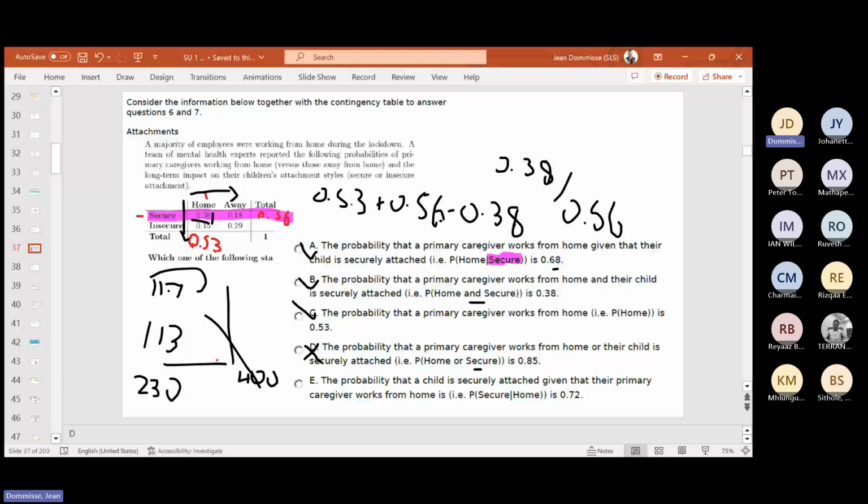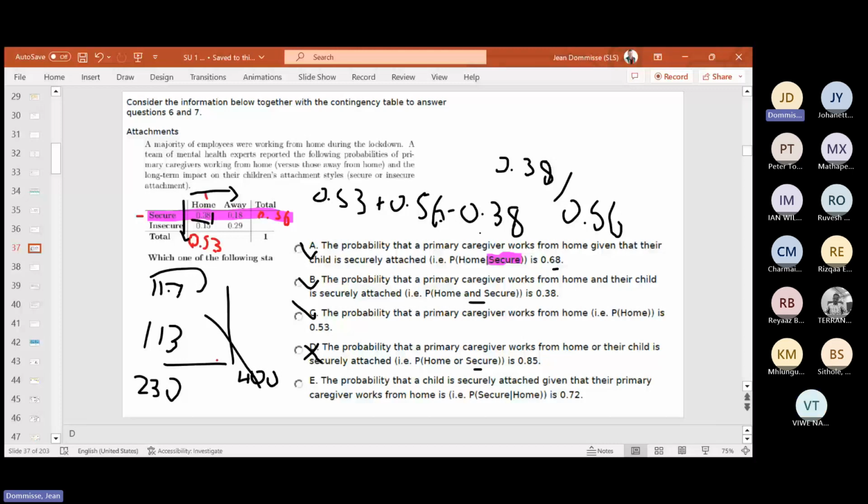So 0.53 plus 0.56 minus the 0.38 will give you what I've worked out, 0.71. Okay, so that was the one that was incorrect.